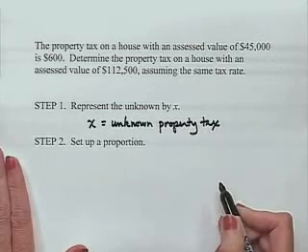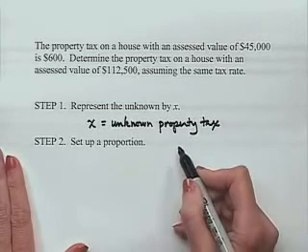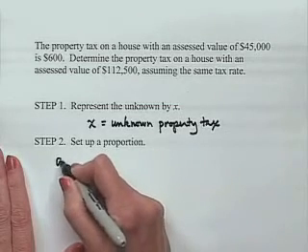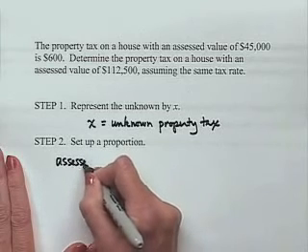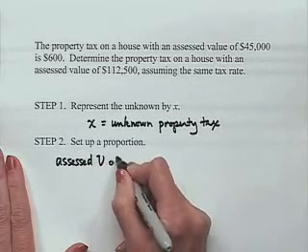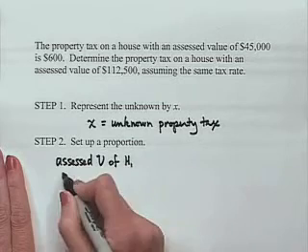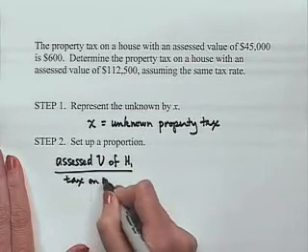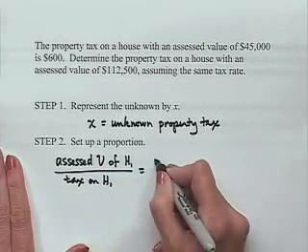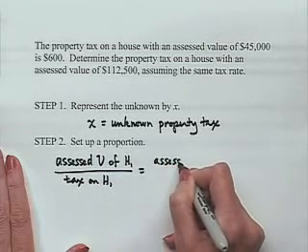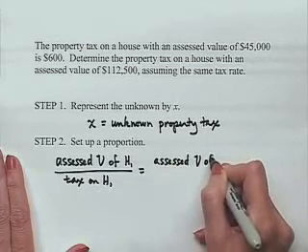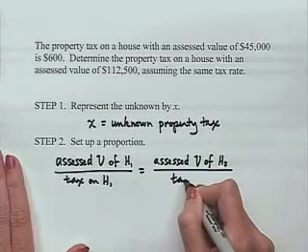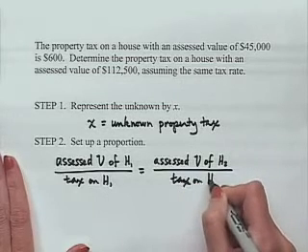Next, we're going to set up a proportion. In our proportion, we know that the assessed value of house 1, divided by the property tax on house 1, will be equal to the assessed value of house 2 divided by the property tax on house 2.